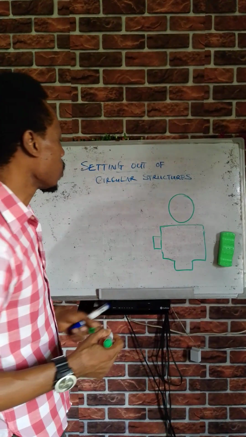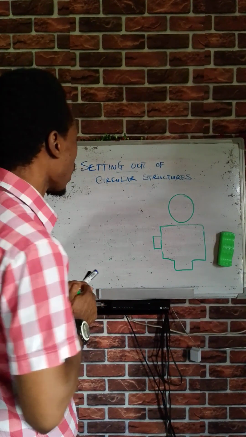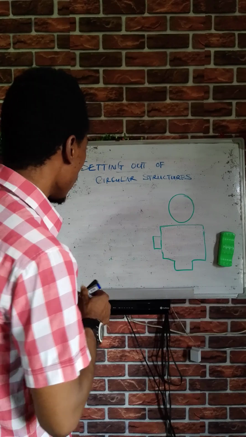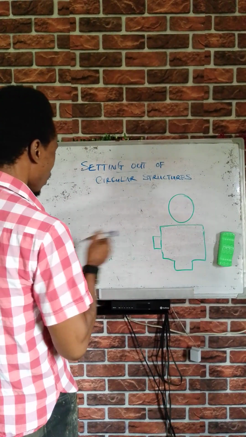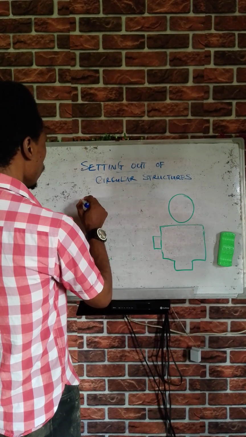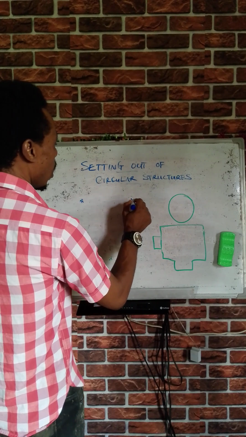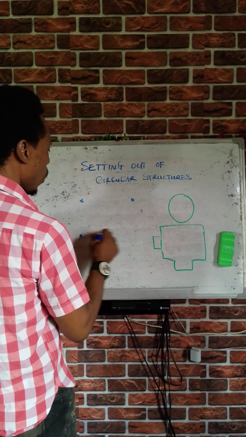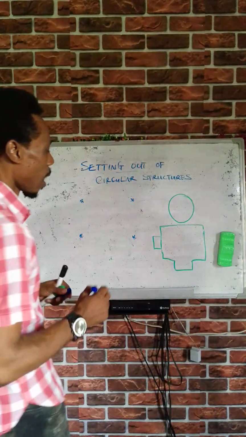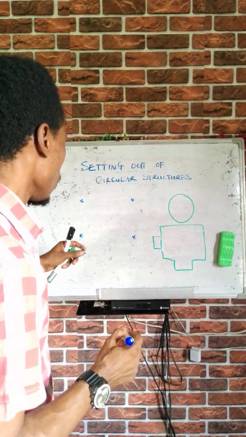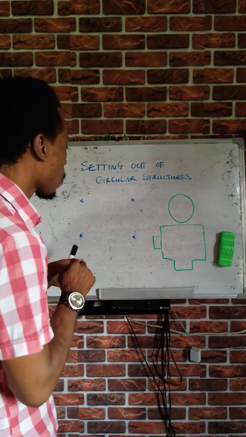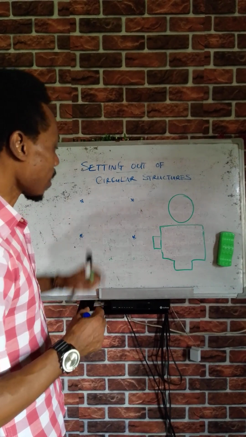Now, for us to do this, we understand that our setting out has a starter. Usually, you must establish four points, which are the coordinates, the starting point of your setting out.